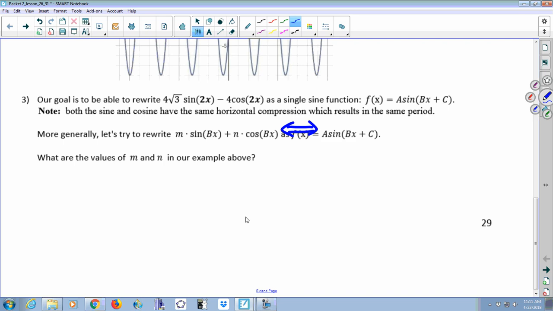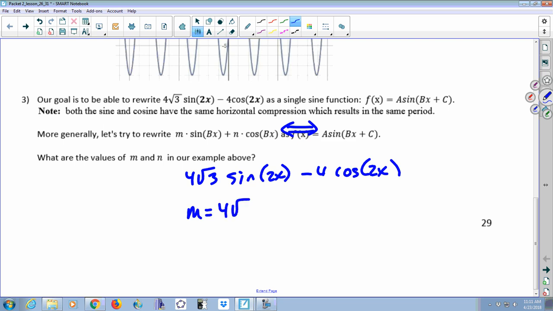From our example, what is the value of m and what is the value of n? m is 4 square roots of 3, because m is the coefficient of sine bx. And n is equal to -4.